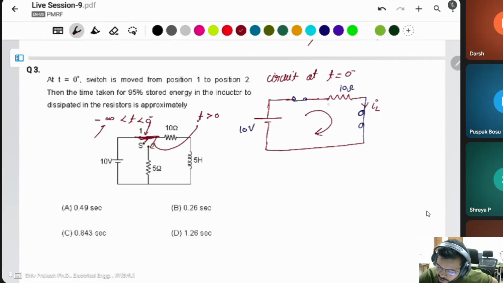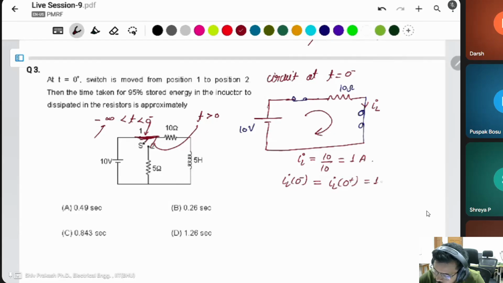The same thing: 10 volts is directly applied to a 10 ohm resistor, then IL is equal to 10 volt divided by 10 ohm. This will be 1 ampere. This is the circuit at 0 minus, and this is the initial current.